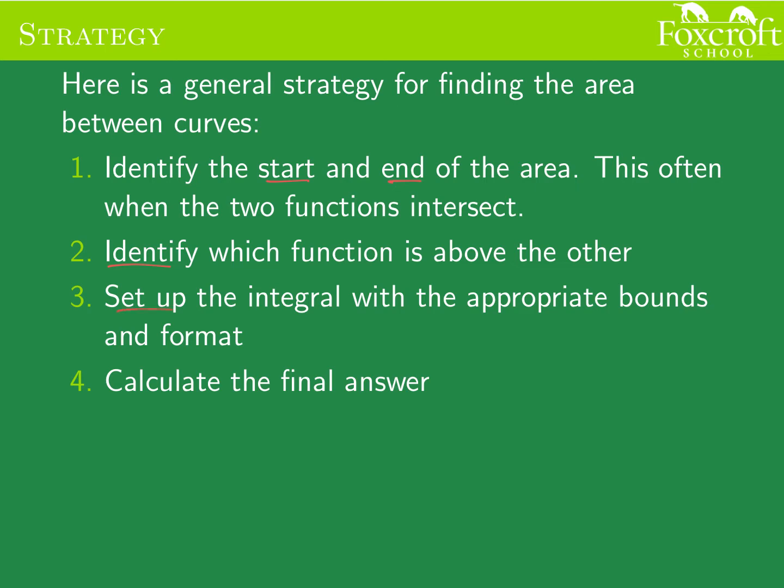Third, set up your integral using the bounds from step 1 and the top function first, from step 2. Then it's just like all the substitution problems we've done: you calculate your final answer by finding an antiderivative and plugging numbers in.